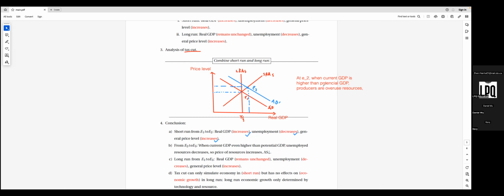So the answer is that the producers, the employers, are overusing resources. For example, if the resources we discussed here are labor resources, what do we mean by overusing? You are extending the working hours.